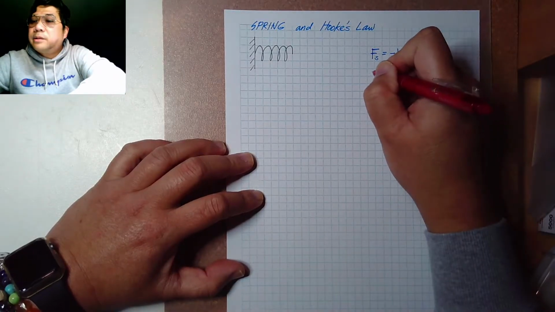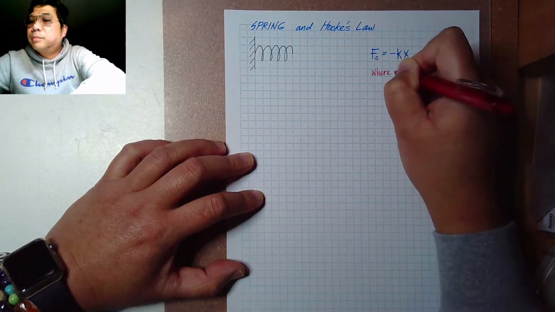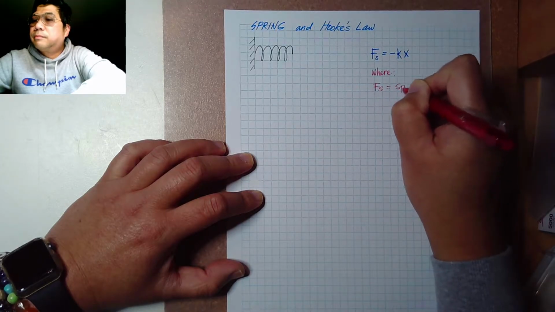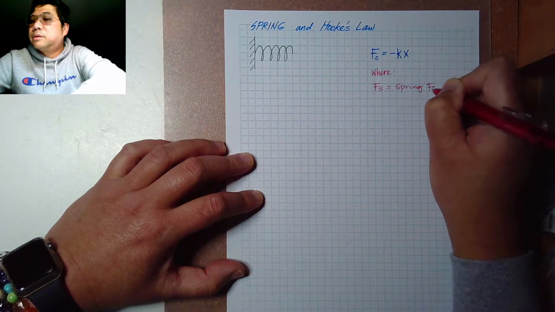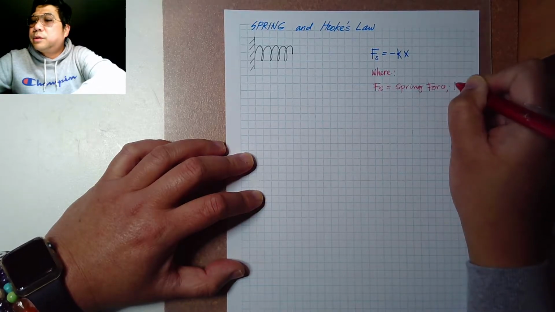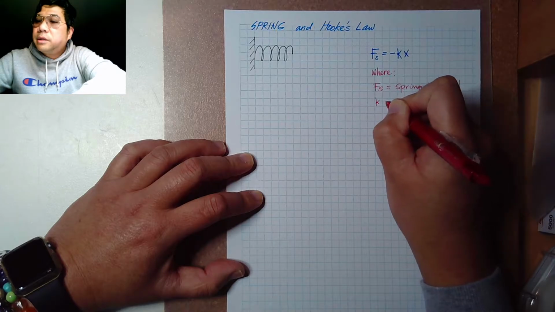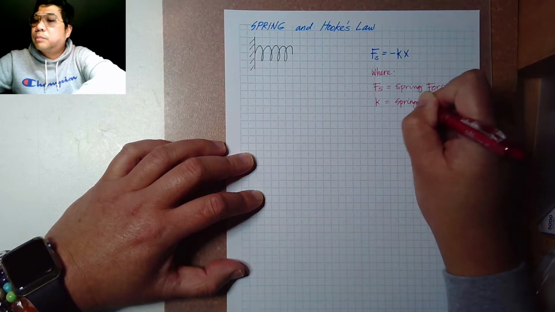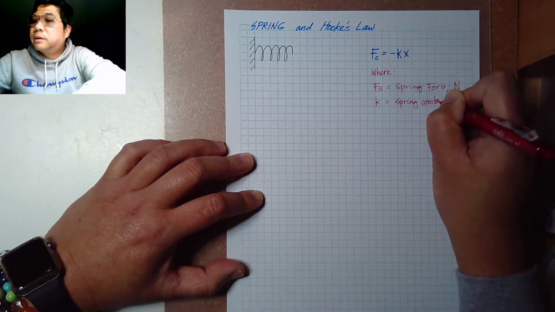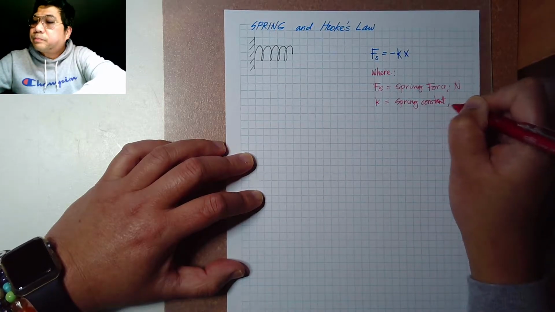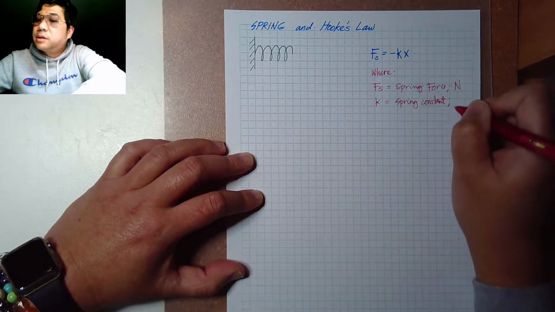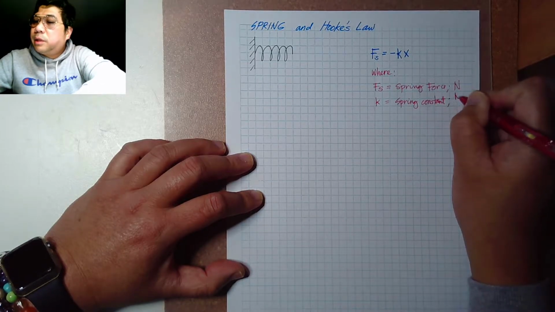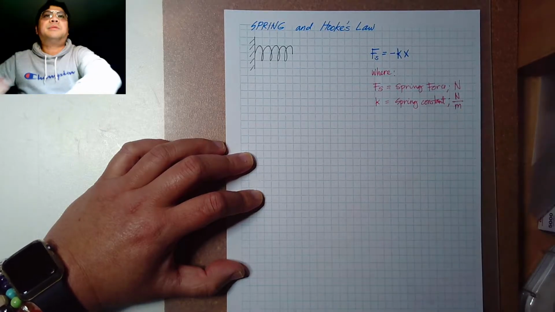Now, let me add some information here. Fs is the spring force, measured in newtons, where k is the spring constant, in newtons per meter.